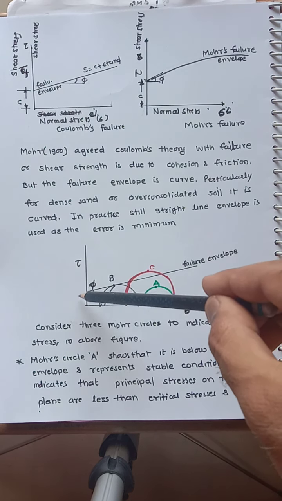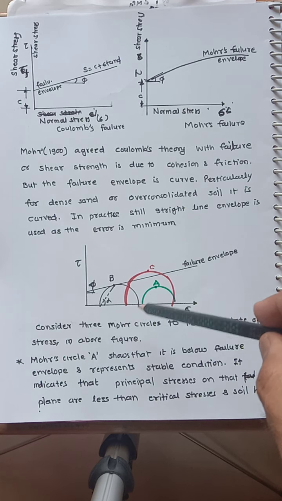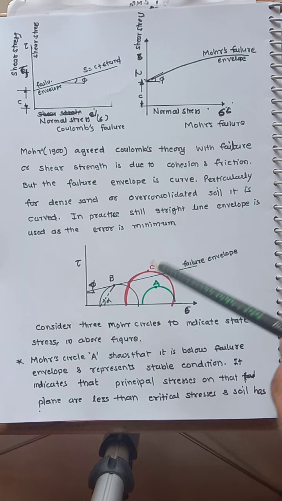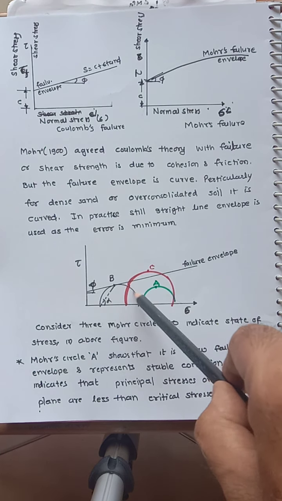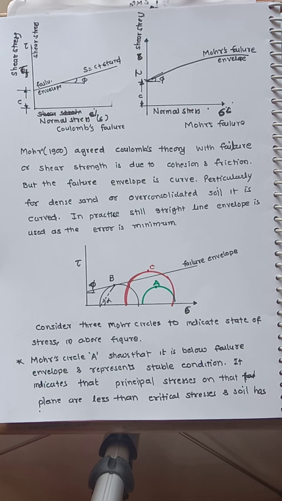This is c and this is phi, and suppose I plot three half Mohr circles: one is A, one is B, and the third is C. So A, B, C, three half circles are there. What is the state of A, B and C is what we'll now discuss, which is one of the important parts of this Mohr-Coulomb theory.